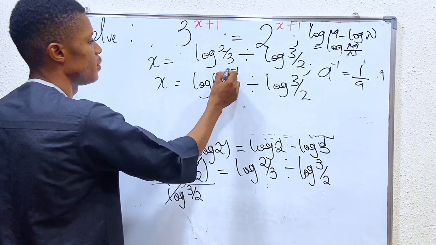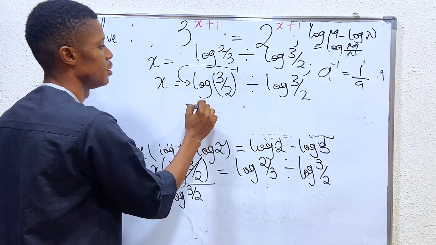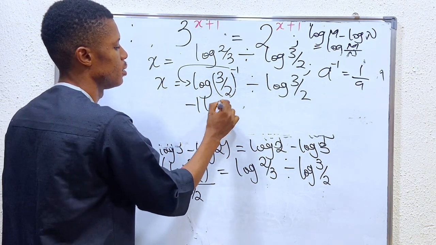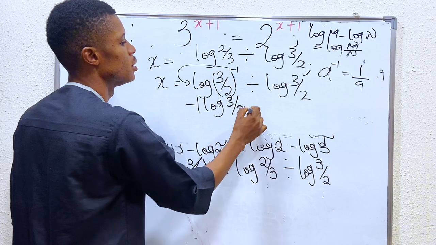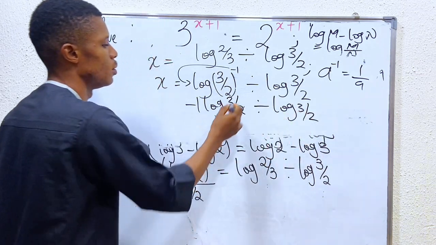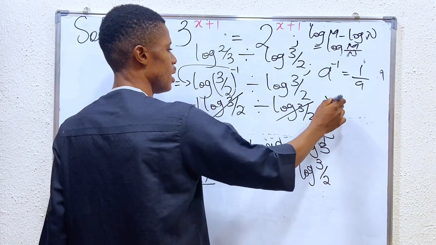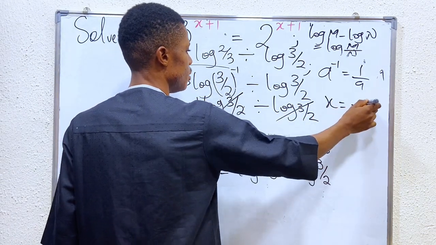So from the laws of logarithm again, we multiply by the minus 1. It becomes minus 1 times log (3 over 2) divided by log (3 over 2). So log (3 over 2) will cancel out log (3 over 2). We have that x is equal to minus 1.